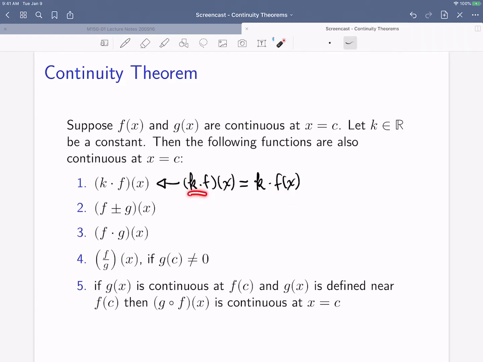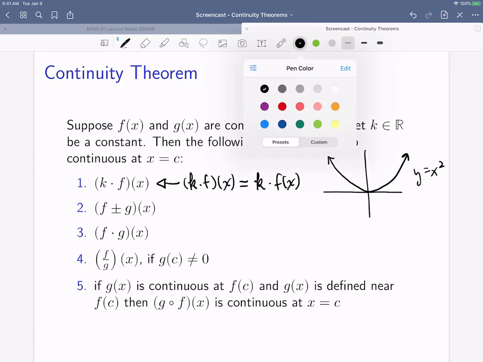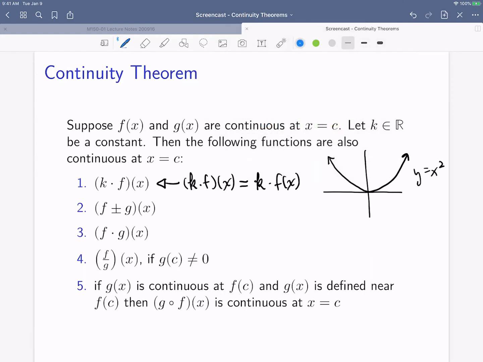The output values of k times f are equal to the output values of f multiplied by k. So if we had a graph of a function, let's say a parabola, say this is y equals x squared, and we multiplied all the outputs by 2, that's going to create a steeper parabola, y equals 2x squared.